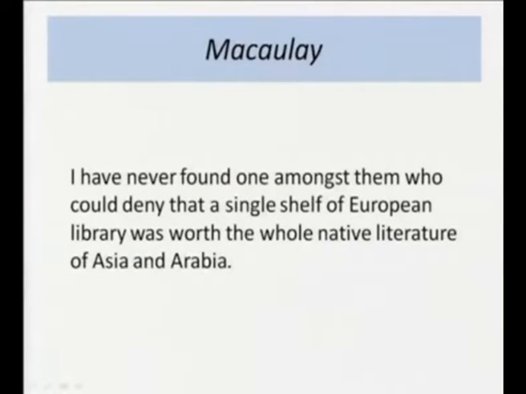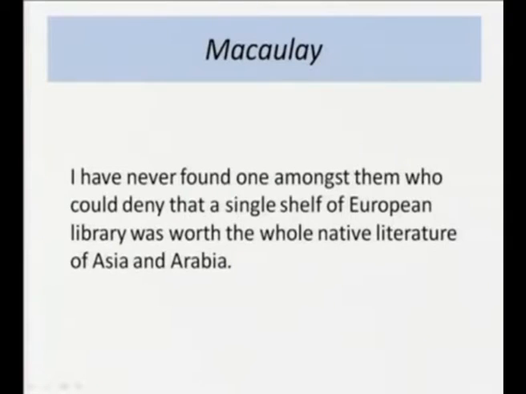So, this is a clear policy change that we find in the history of English in India. Referring again quickly to Macaulay, many of the British saw their literature as being far above the literatures of India.